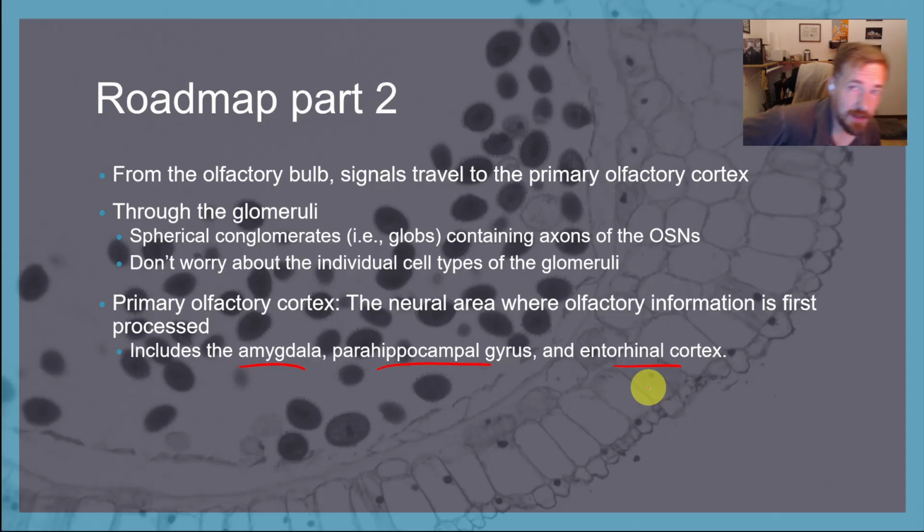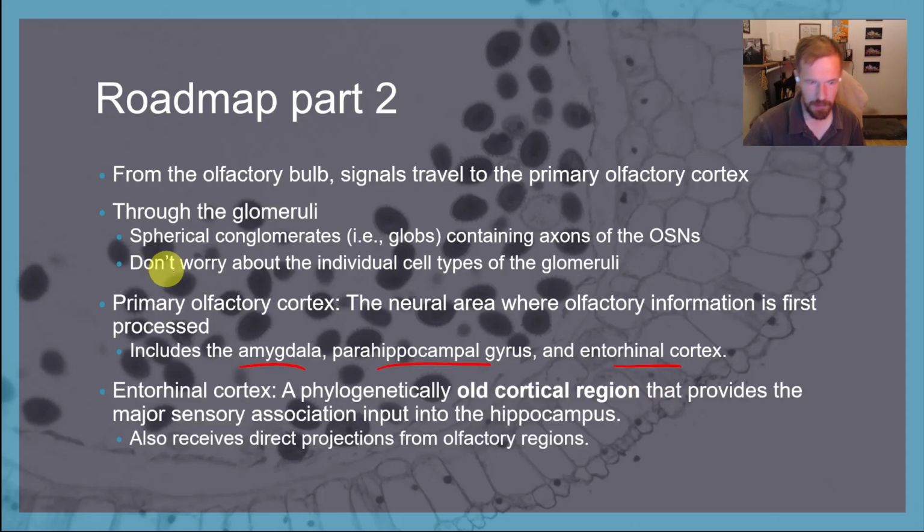Now, if you've taken cognitive psychology, two of these should jump out at you. Two of these should sound familiar, and that's the amygdala and the parahippocampal gyrus. The amygdala is what a lot of people call the seat of emotion. And I don't know why the word seat is so commonly used here.